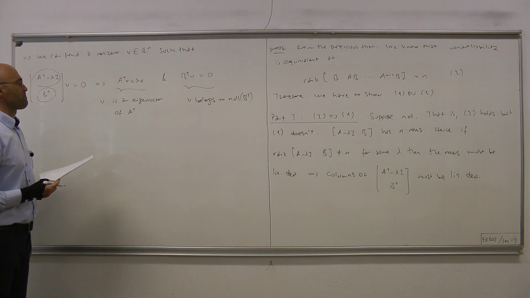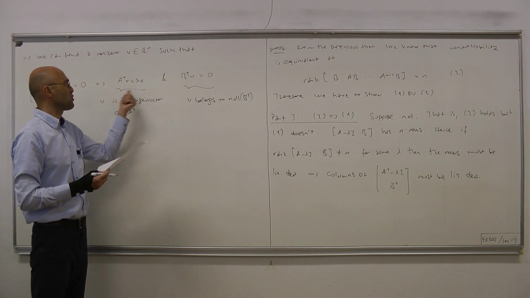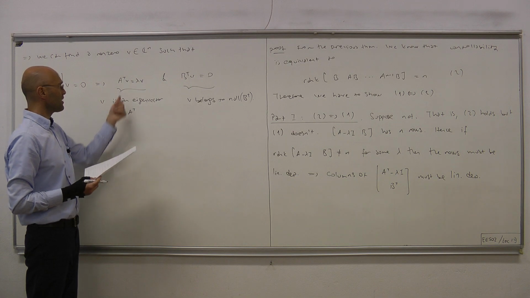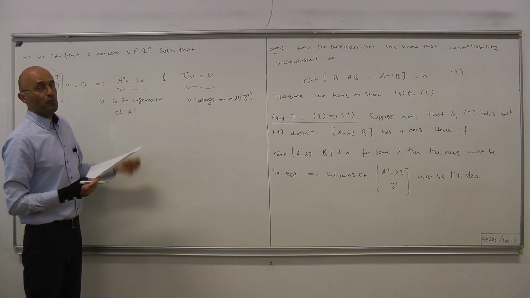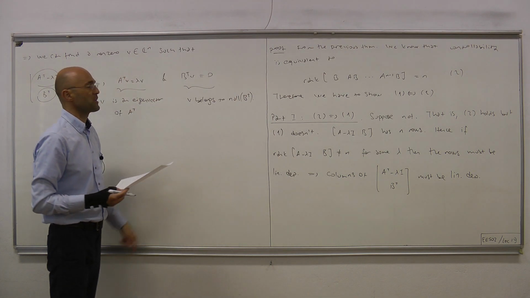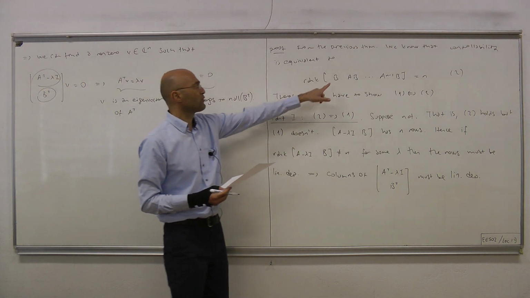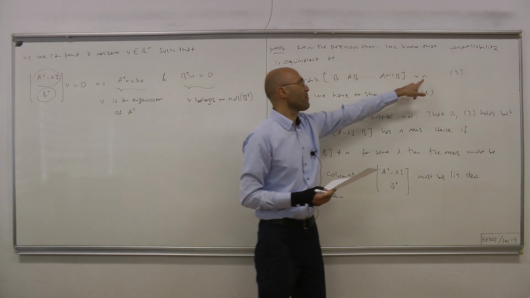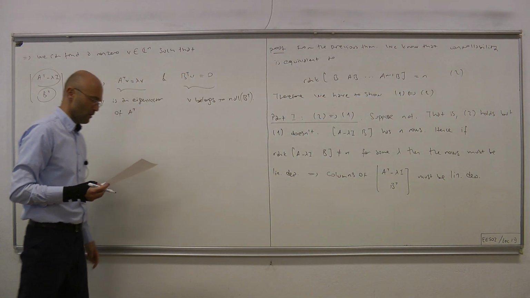Now we're going to make use of these two observations and immediately obtain that if those two things hold, then the rank of the controllability matrix cannot be n.